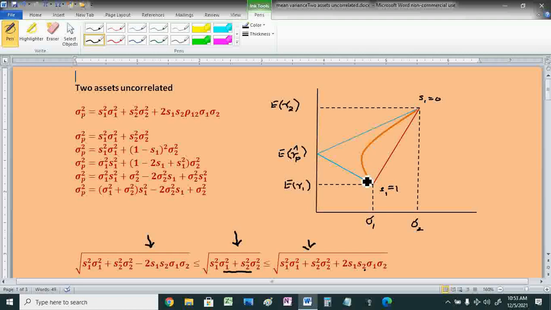and that in order to see that we will have to find out the value of S1 from this expression, and then we can put that value of S1 into the expected return equation and define expected return then as a function of portfolio standard deviation, and then we could take the derivative of expected rate of return in that equation with respect to the standard deviation of portfolio to see what is going to be the sign of that derivative, and if we investigate the first derivative and second derivative of that equation, we will be able to ascertain that this is going to be the shape of the portfolio possibility frontier when rho 1,2 is equal to 0.